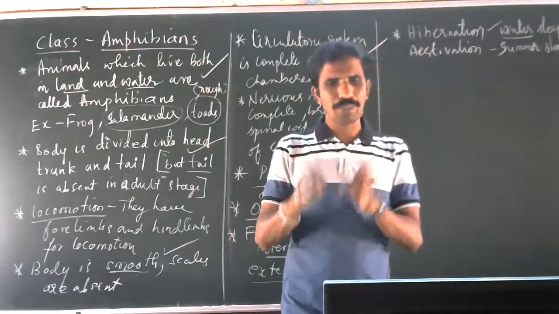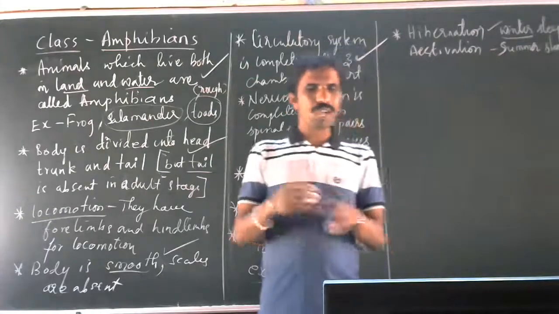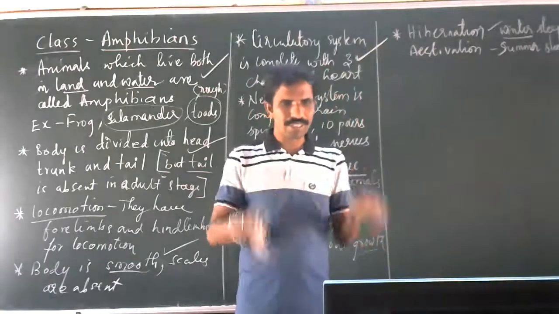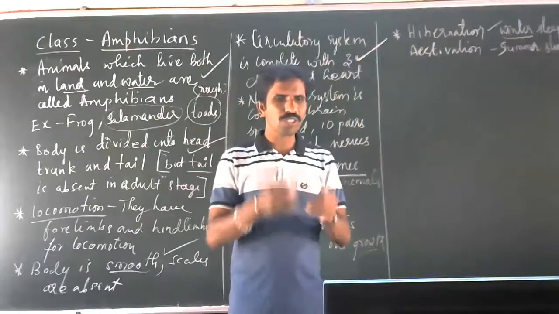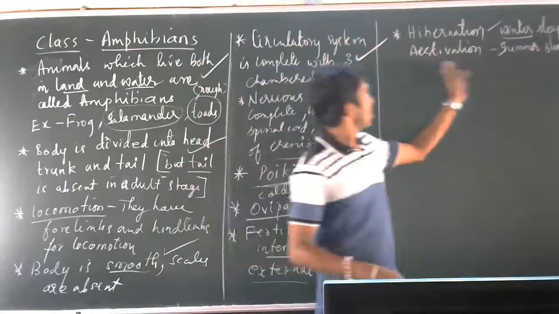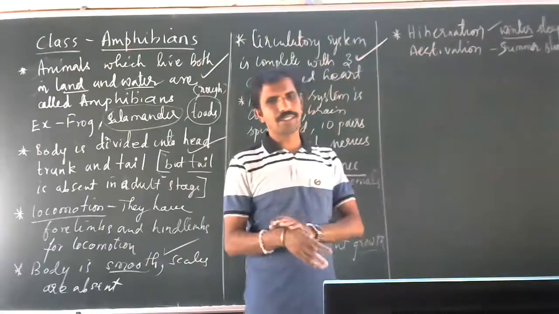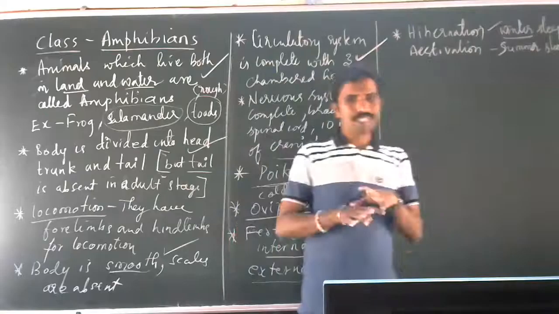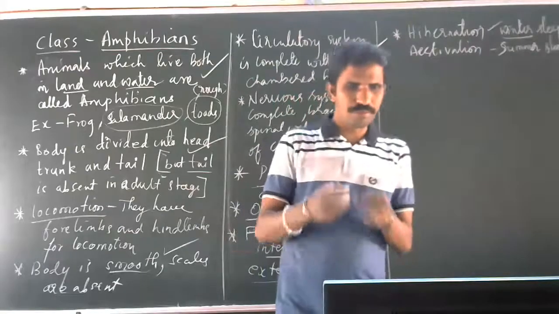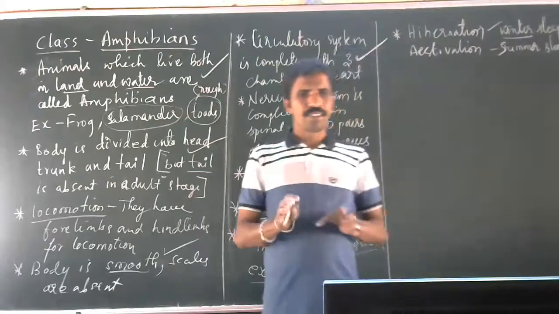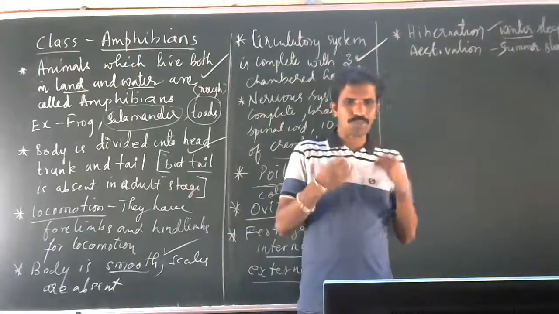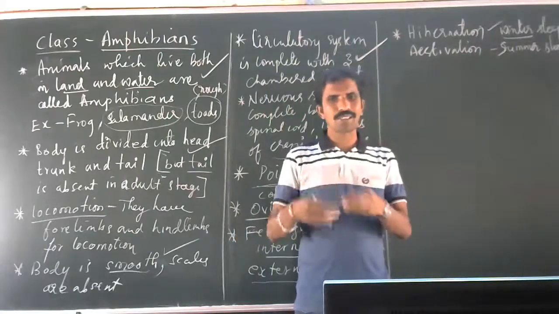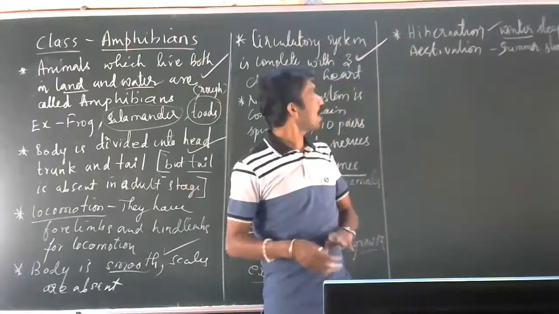Metabolic activity will be slow, so the energy is preserved in the body and used slowly. Similarly, during the summer they hide in moist places where they do not consume more energy. Whatever stored food is in the body is utilized slowly. That is called hibernation and aestivation.